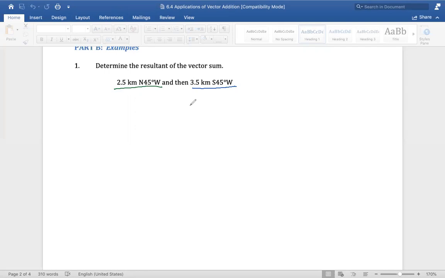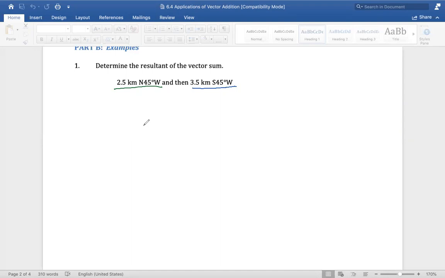So we are going to do the tail to tail method here, which will work most of the time. The only time it wouldn't work is if the vectors are going in opposite directions or in the exact same direction. As long as they're going in different angles and creating basically a triangle, you can use the tail to tail method, as I'll show you here.